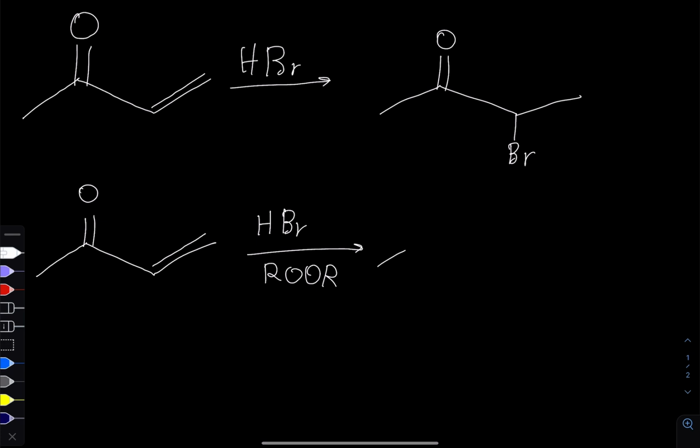In this case, the bromine would go on the less substituted carbon. It would go on this carbon.